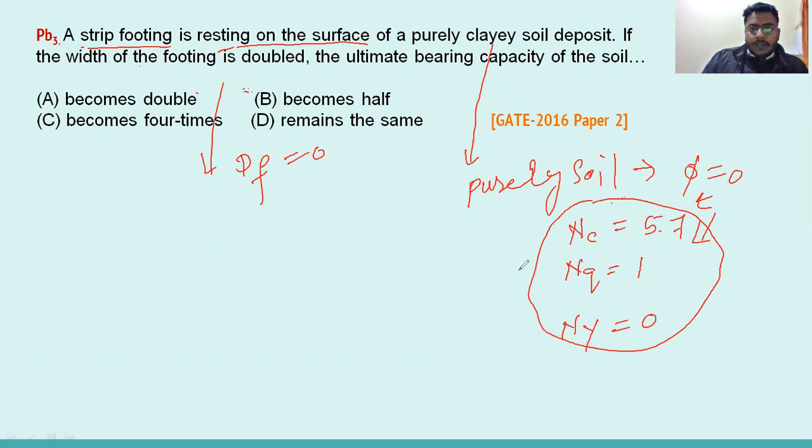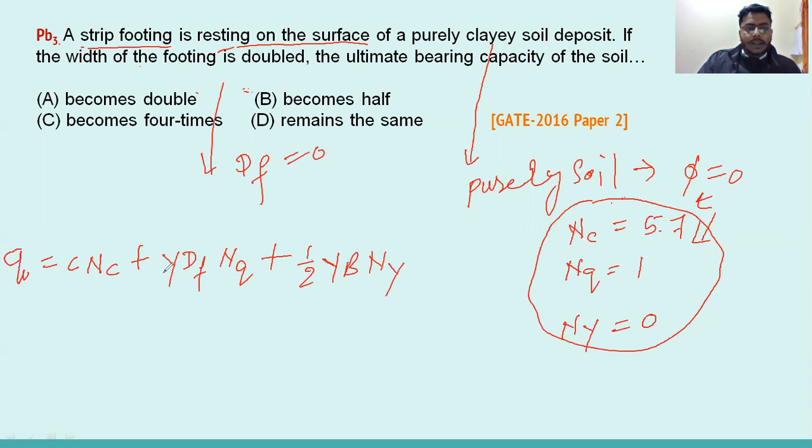Okay. So now, if the width of the footing is doubled, what happens to the ultimate bearing capacity of the soil? So let's calculate. Write the formula. What is the ultimate bearing capacity of soil for a strip footing? The formula we have is c Nc plus gamma Df Nq plus half B N gamma.